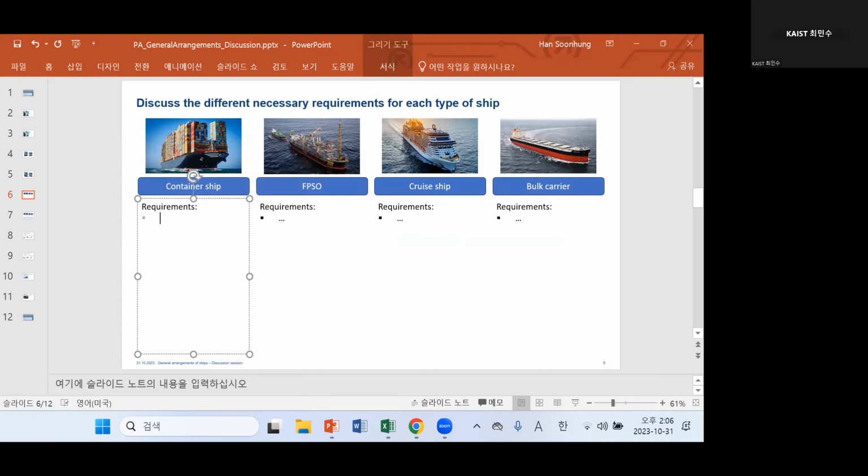For example, a container ship. You have to have the ability to transport a lot of containers. So a lot of space. Space, yeah. And a huge payload.